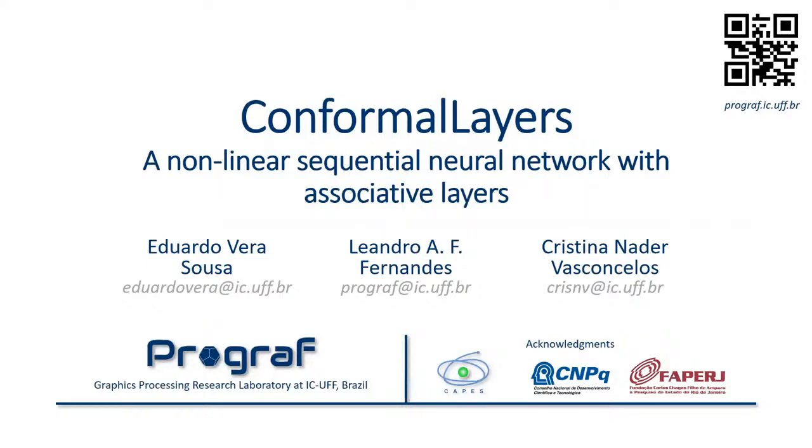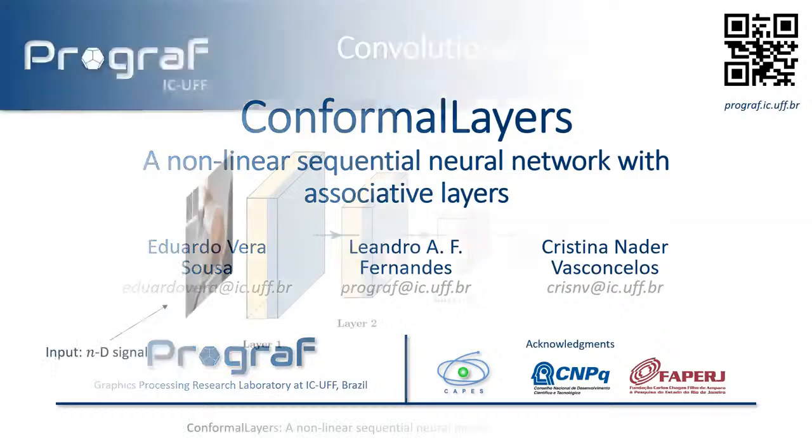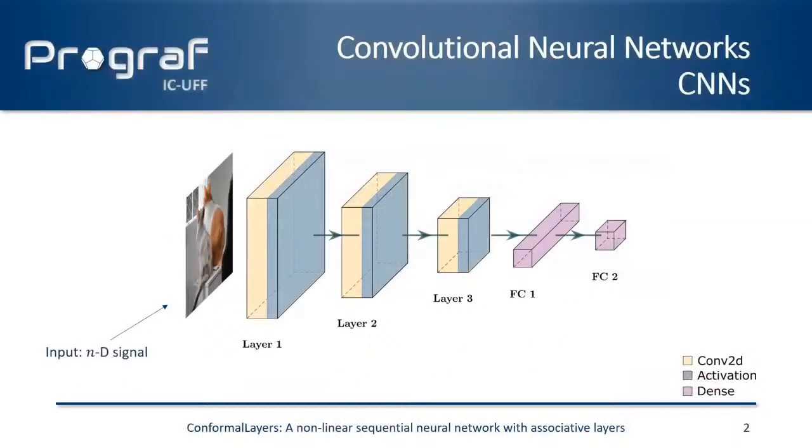Hi, this is a small briefing on the work Conformal Layers, a nonlinear sequential neural network with associative layers. I'm Eduardo, and this work was developed by me, Leandro Fernandes, and Cristina Vasconcelos. Convolutional neural networks, or CNNs, are a type of neural network embedded with convolutions to perform feature extraction.